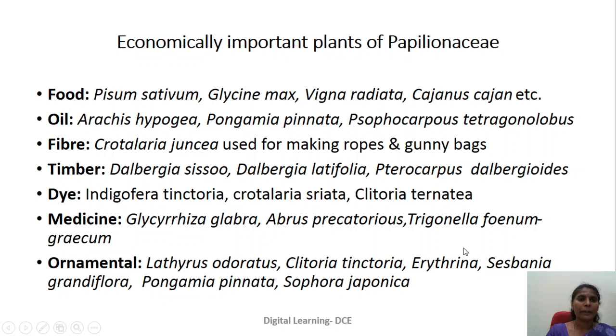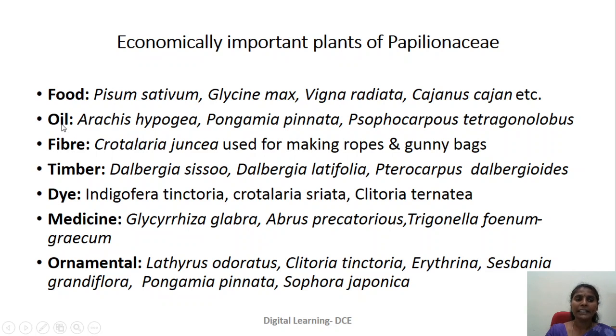Let us study one by one in detail. The plants which are used as food source include Pisum sativum, commonly called pea, Glycine max, commonly called soya bean, and Vigna radiata, commonly called green gram. All these plants are used as pulses, which are a rich source of protein.